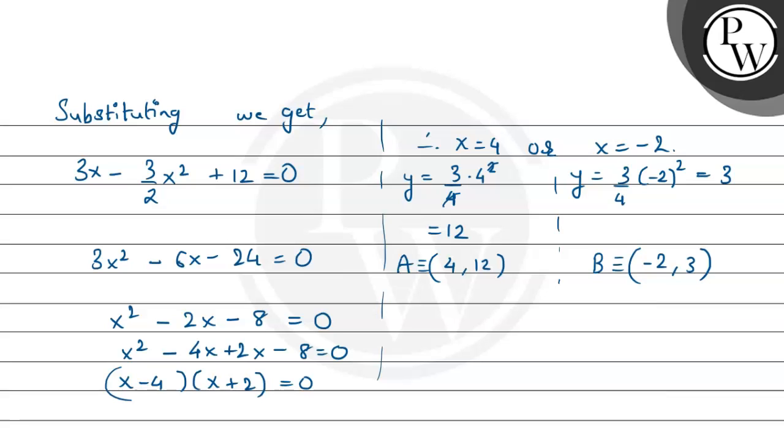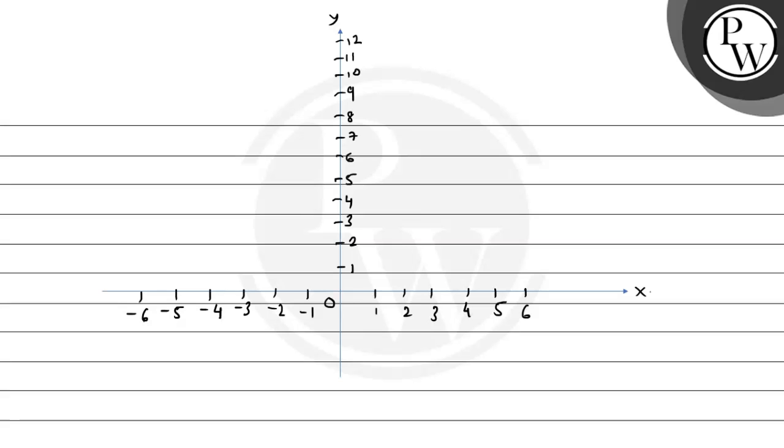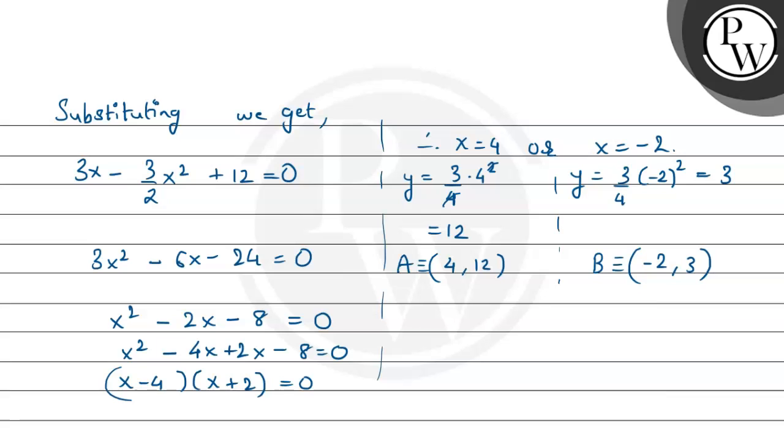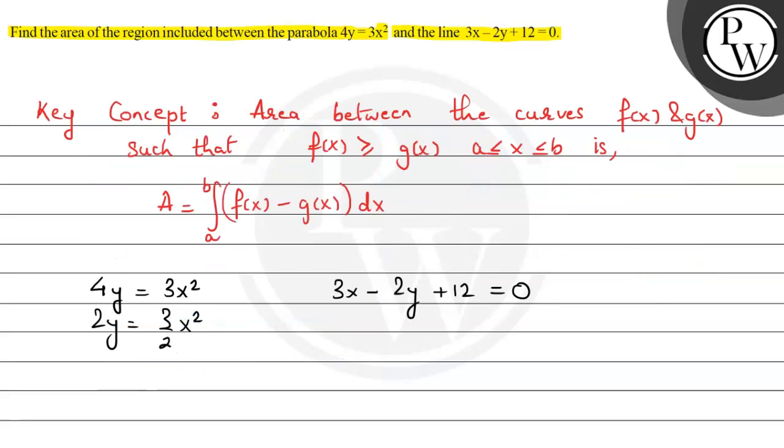Now let's try to draw the graph of the curves. So suppose these are our coordinate axes. Let's now specify points. So here we have 0. So now let's construct the graph. So the first is 4y equals 3x squared.